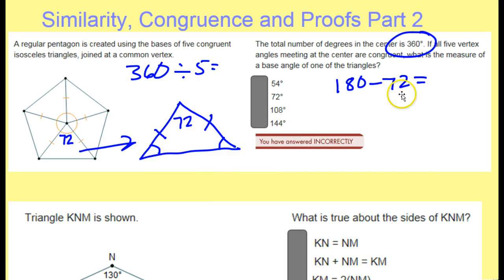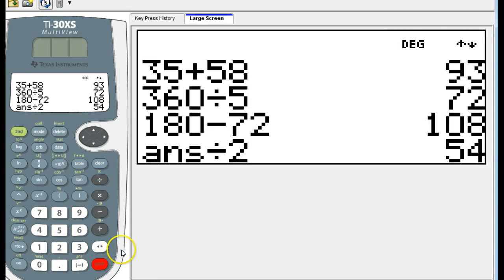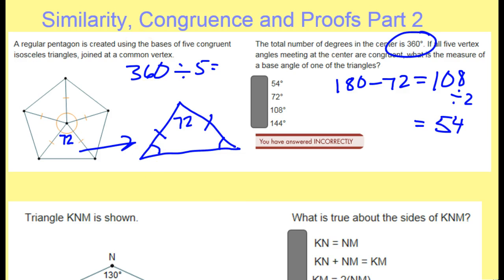So that means we have 108 degrees left to be shared equally between these two base angles. If we take that 108 and divide by 2, that should be 54. So each one of these base angles should be 54 apiece.